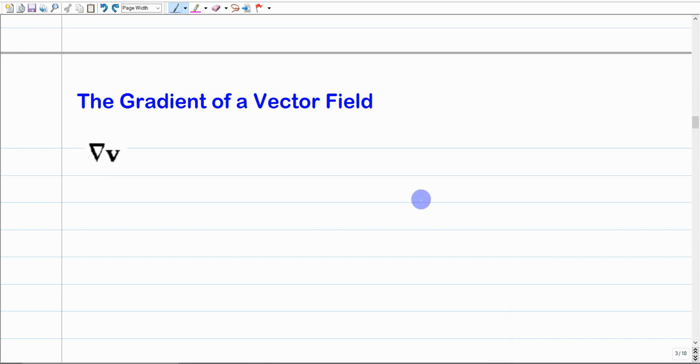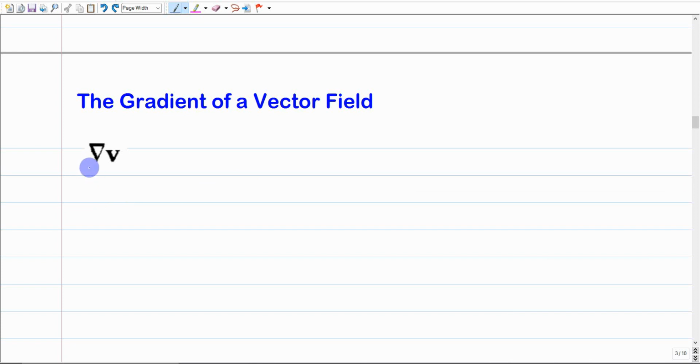If you remember above, we mentioned that the divergence of a vector gives a scalar quantity, or a scalar field. The curl of a vector gives a vector. But the gradient of a vector gives a tensor. Why tensor?